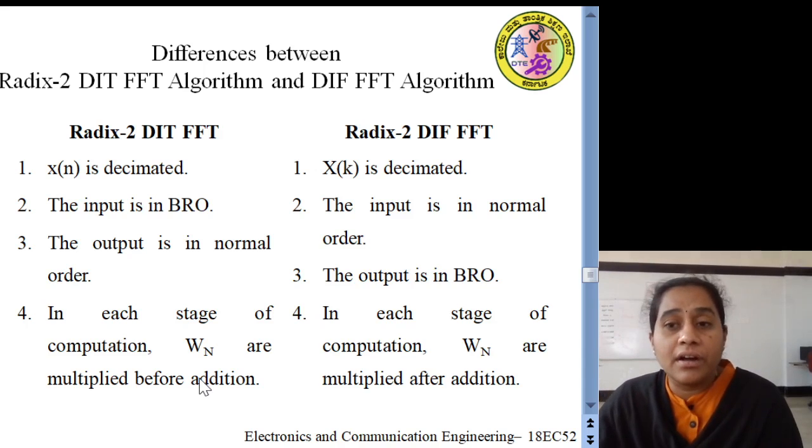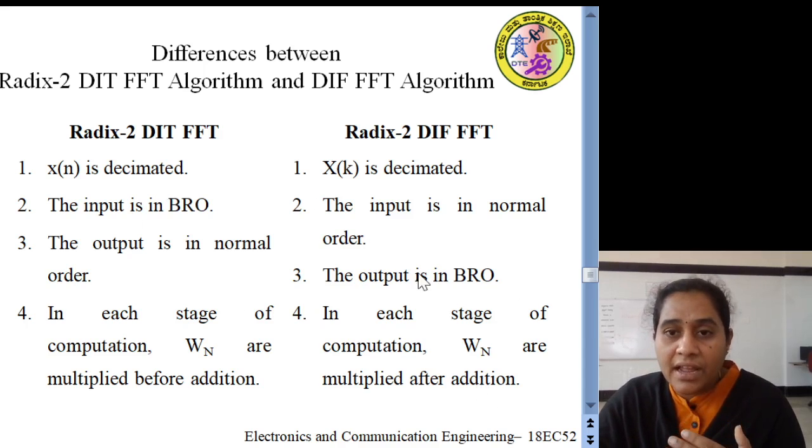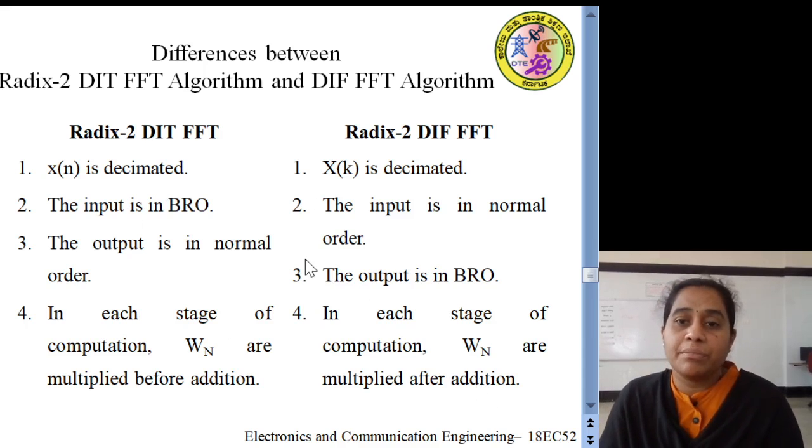But in the radix 2 DIF FFT algorithm, in each stage of computation, the twiddle factors are multiplied after addition. So these are the main differences between the radix 2 DIT FFT and DIF FFT algorithms.